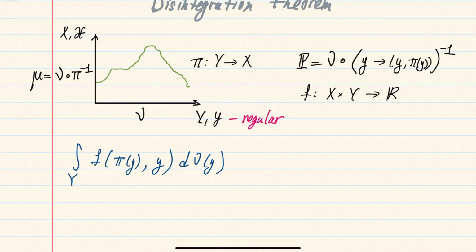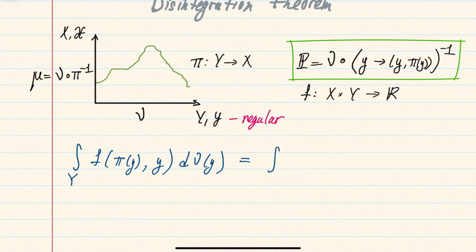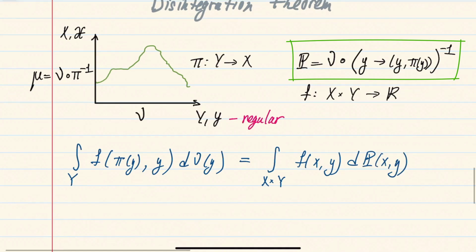So to write down the theorem, we have to first represent this integral as an integral on the product space, and that's just by the definition of this measure p. By the change of variables formula, you can of course view this as an integral of the function f of x and y with respect to this image measure p defined on the product space.